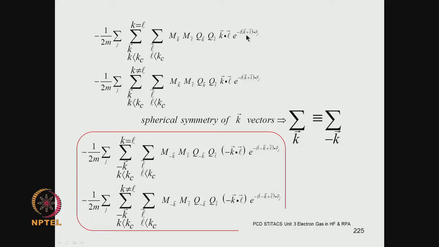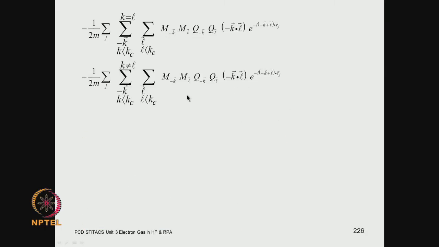You have k plus L over here which goes to minus k plus L here, and likewise the k plus L over here goes to minus k plus L over here. We have to do it systematically for every term. I have just written these terms together here at the top of this slide.